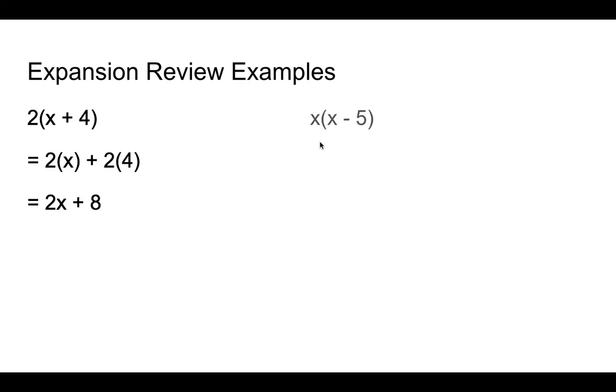And just to have another example, just so we have this under our belts, here the x is going to distribute into all the terms in the bracket. So x times x plus x times negative 5. X times x is x squared, and then negative 5 times x is negative 5x.